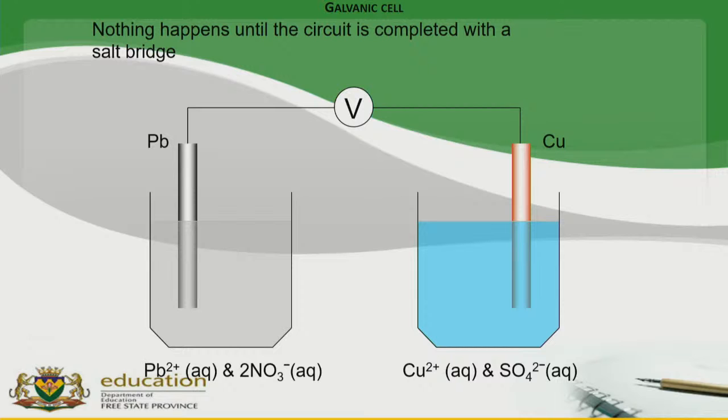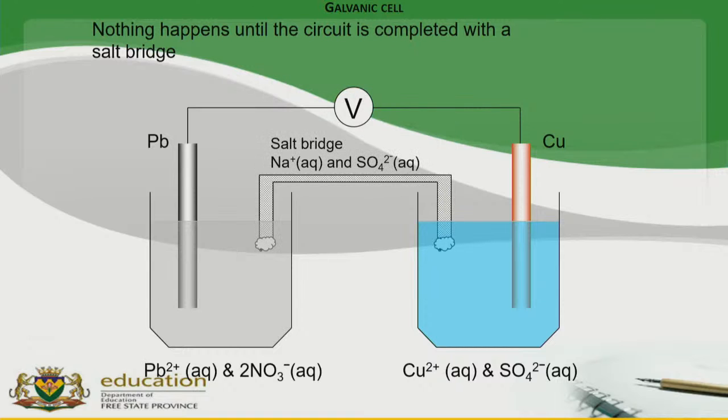Why? Because we need a salt bridge. That is why when you are asked what a salt bridge does, you always say it completes a circuit. Now that there's a salt bridge, the circuit is complete. There will be movement of ions and movement of electrons.